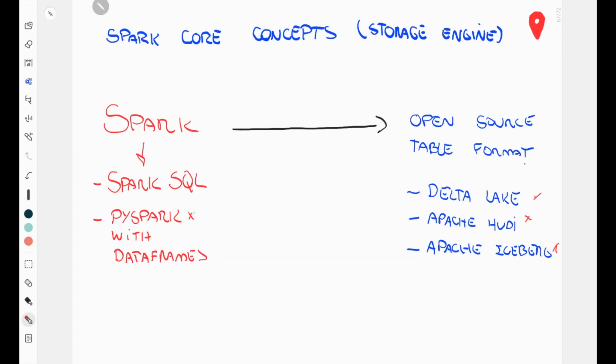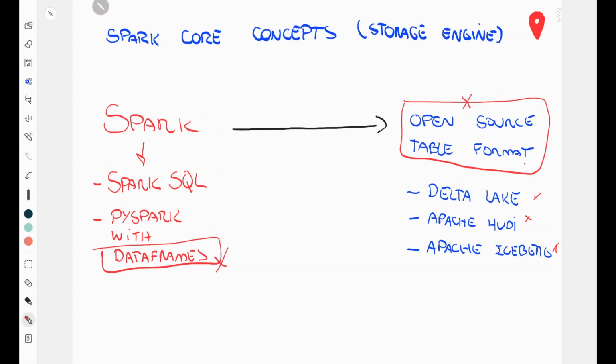I said PySpark because that's the tool we're going to use in the next videos, handling data frames. Data frames are, again, abstractions of tables in databases, relational database tables. So you have both things here, open source.